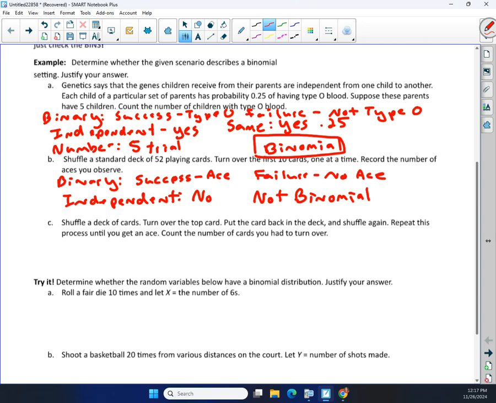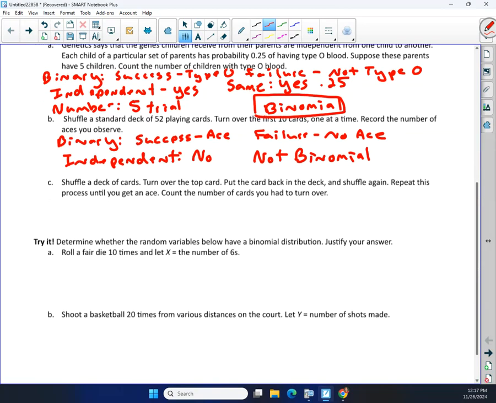Shuffle a deck of cards, turn over the top card, put the card back in the deck, and shuffle again. Repeat this process until you get an ace. Count the number of cards that you had to turn over. So let's go through the BINS. Binary. Yes. So turn over the top card, put the card back in the deck, repeat this until you get an ace.